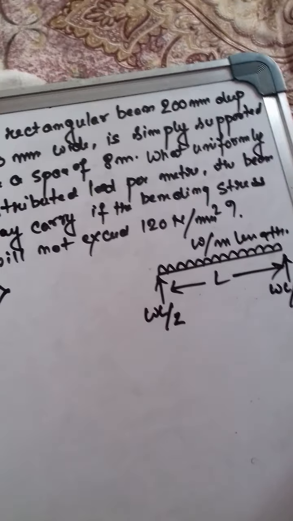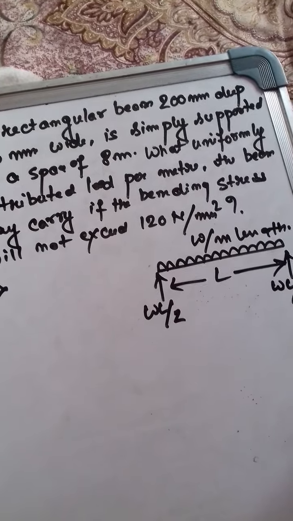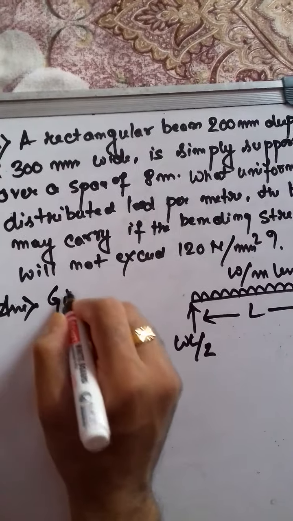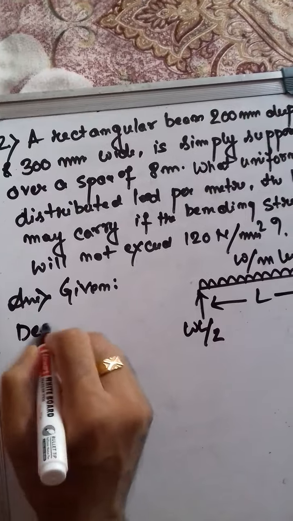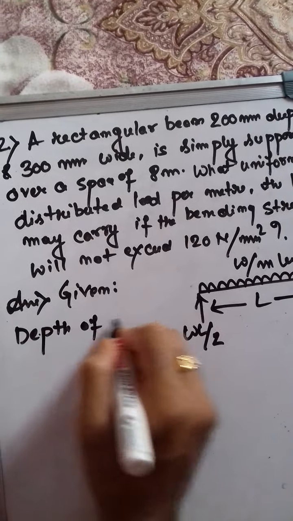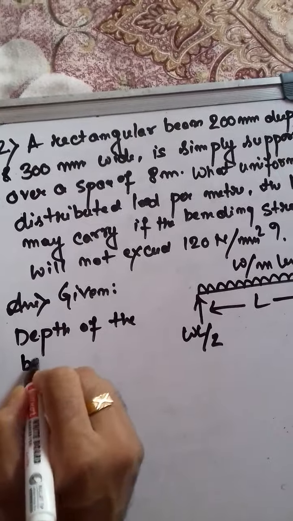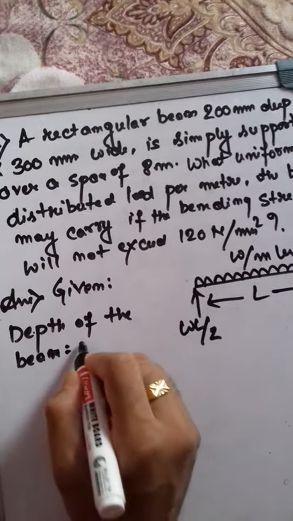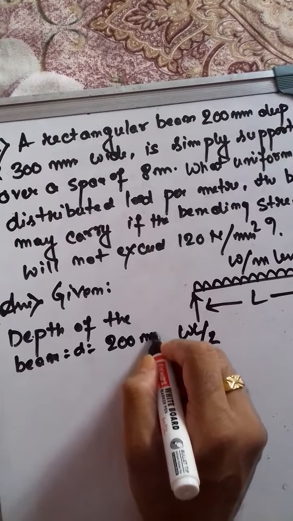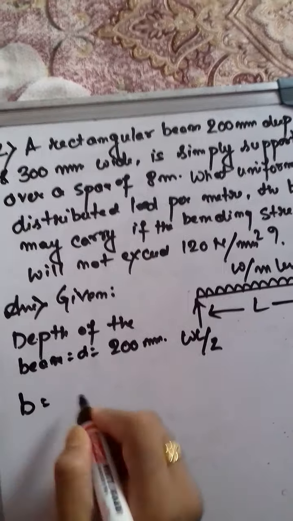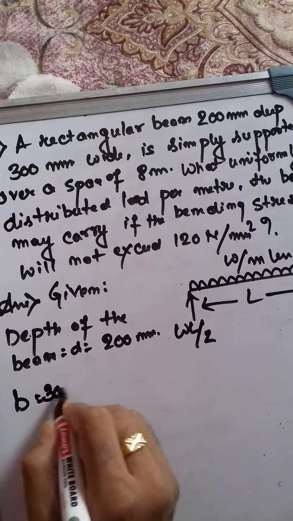Okay, now let us write the given values. Depth of the beam is equal to 200 mm. Width of the beam B will be equal to 300 mm.